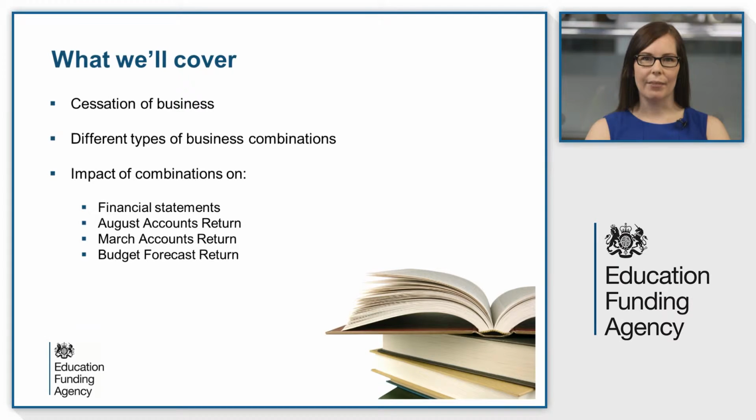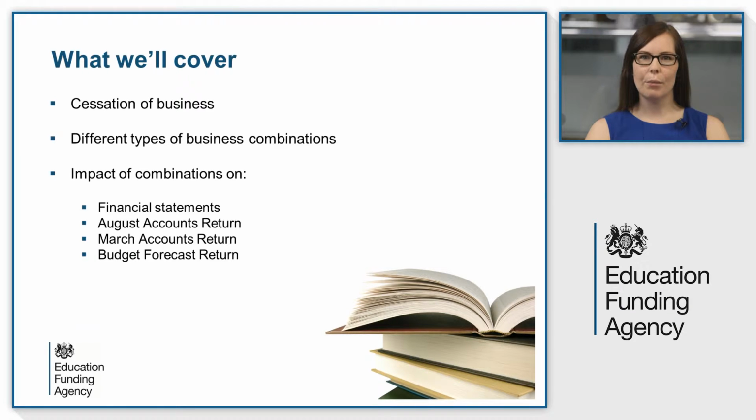Over the past year, we've seen more transfers of academies between trusts, whether that is an academy moving between a SAT and a MAT, or a MAT to a MAT.